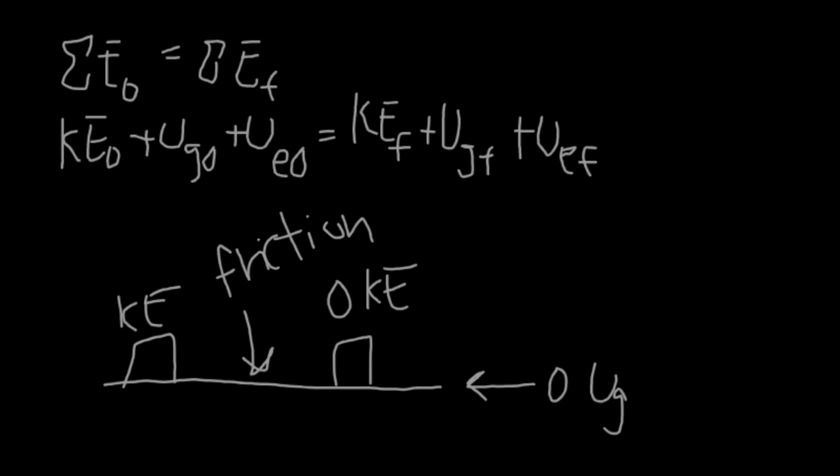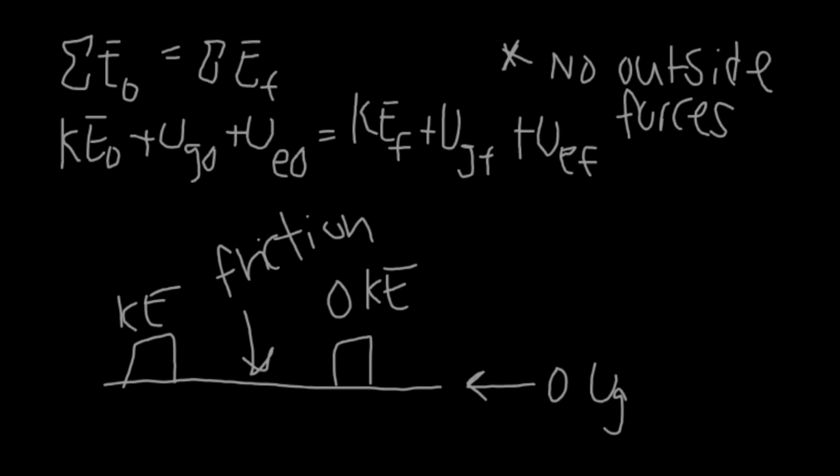So you could say it went to thermal energy, a different type of energy that you will study in AP Physics 2, but not here. But just keep that in mind, that when you're using this law, you need to make sure that you have no outside forces acting on your system, and we will learn how to deal with those outside forces in a future lesson.